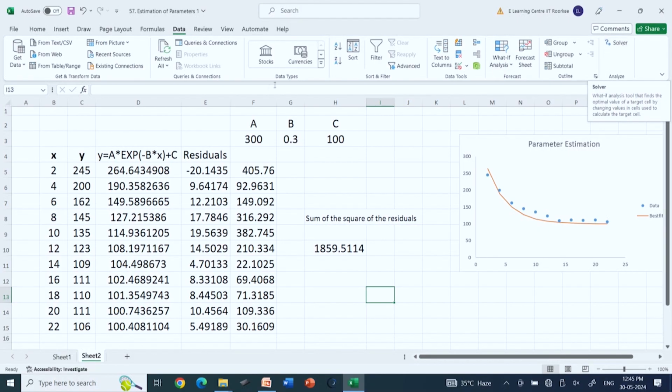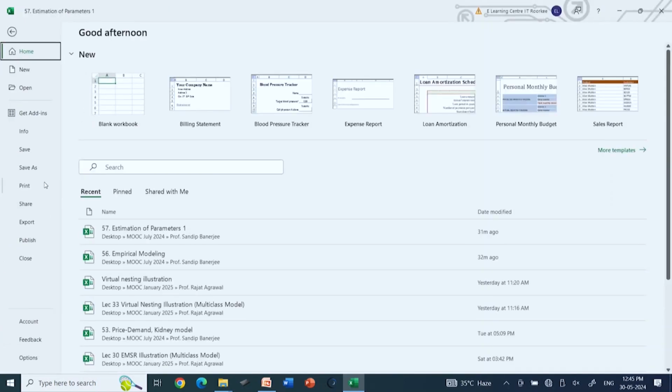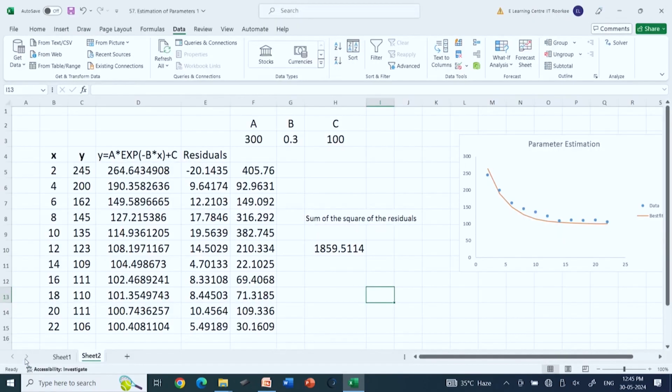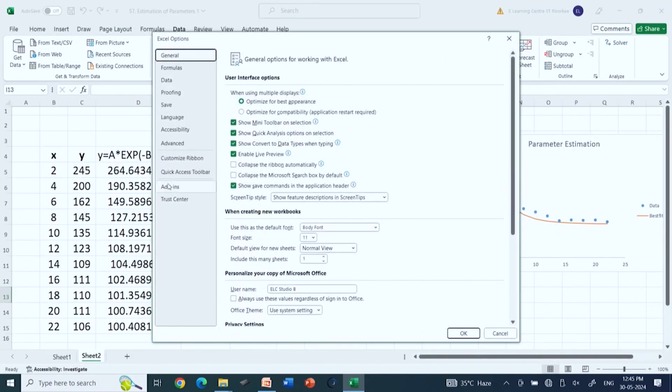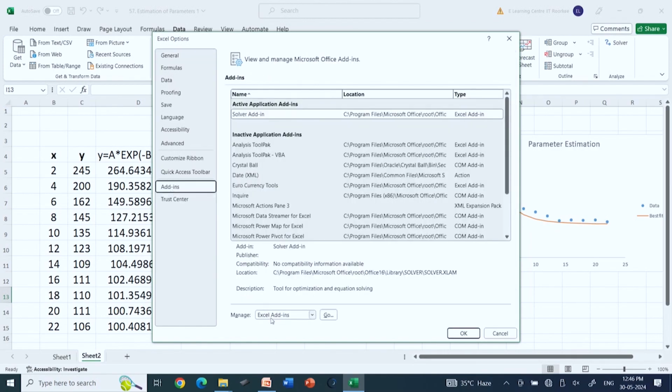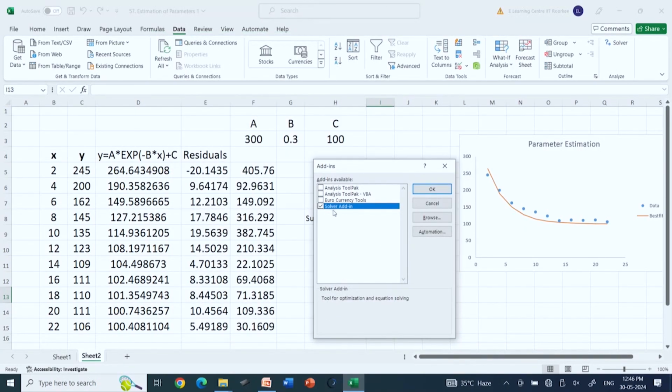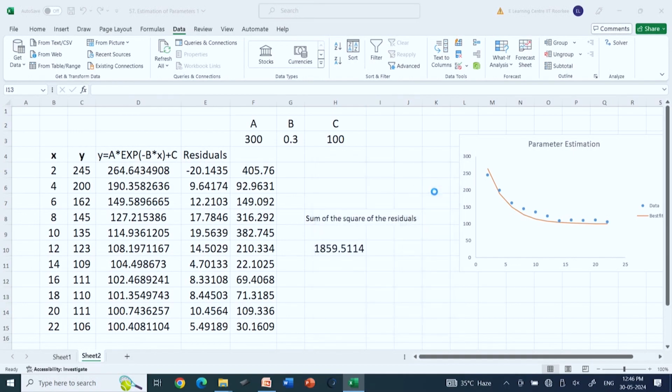If you do not see it, you go to File, then Options, then Add-ins, and here it is Excel Add-ins, you click Go, and there you will see Solver Add-in. You have to check this box. Let me uncheck this box and click OK, and you see the Solver is gone.